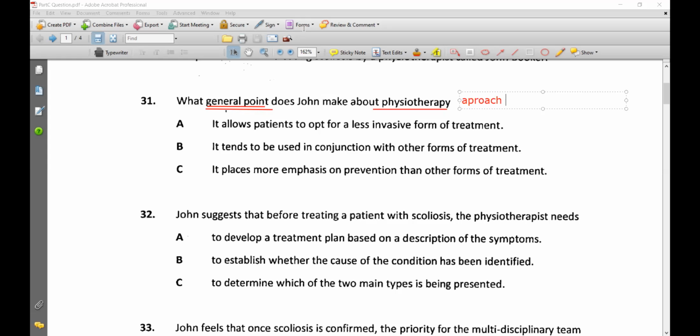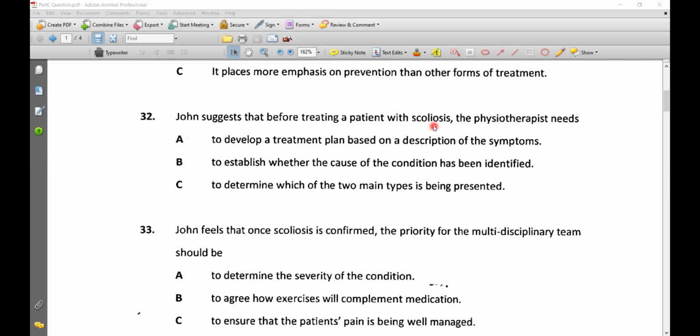So this is going to be a general talk, not related to scoliosis, because you see here, it is not related to scoliosis. Similarly, you read all the questions to get a brief overview, so that you can predict what is going to come next. The second question is about before treating a patient, the physiotherapist needs.